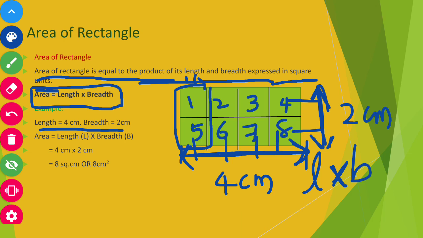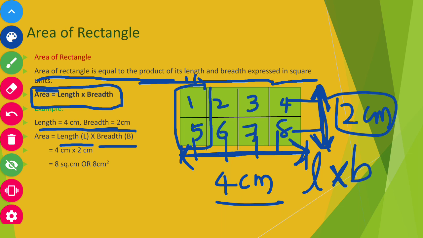See here, it is an example. The length is 4 centimeters, which is the longer side. Then the breadth is smaller. Which side is smaller? Breadth, this side. It has 2 centimeters. So B is 2 centimeters. Now multiply 4 into 2 is 8 centimeter into centimeter, square centimeter.